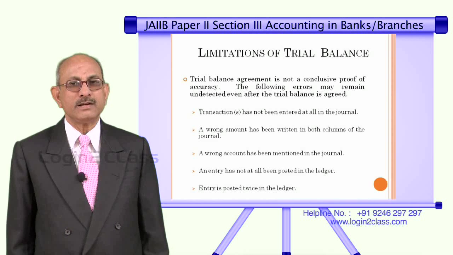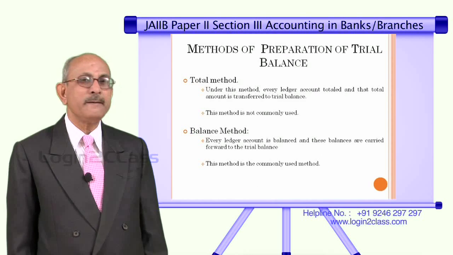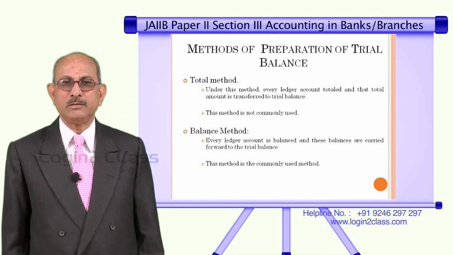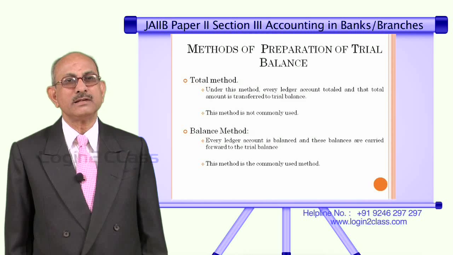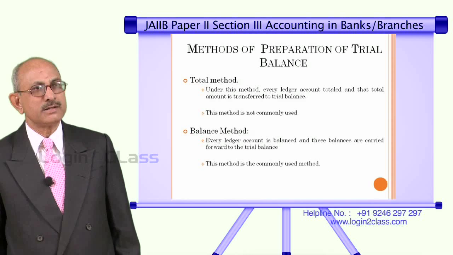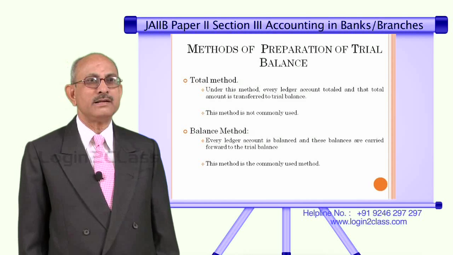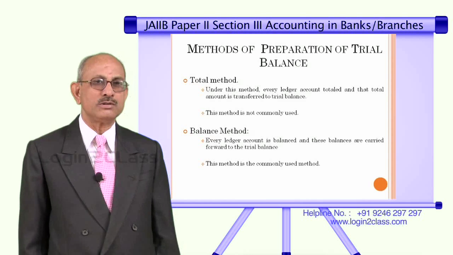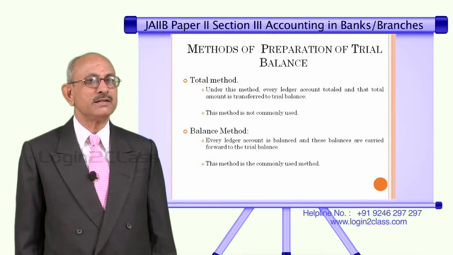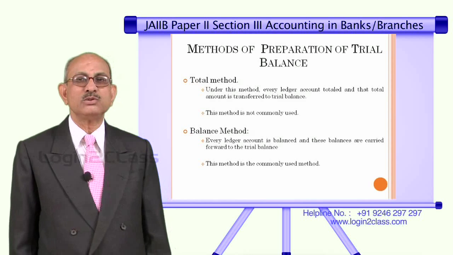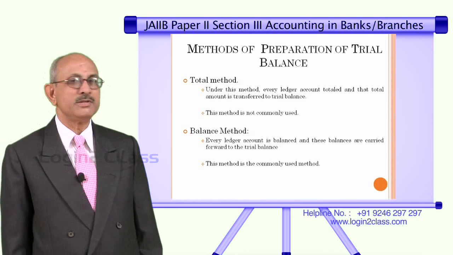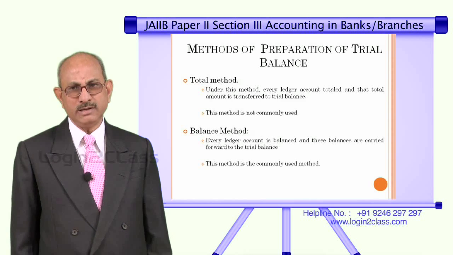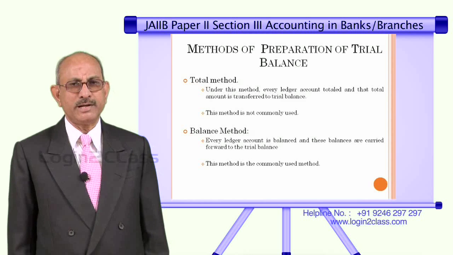Similarly, compensating errors cannot be detected through the trial balance. Compensating error means an error committed in one account is compensated by an error in the opposite direction in some other account, so that the net effect will not help you in trying to find out whether there has been a mistake or not. So these need to be found out separately.